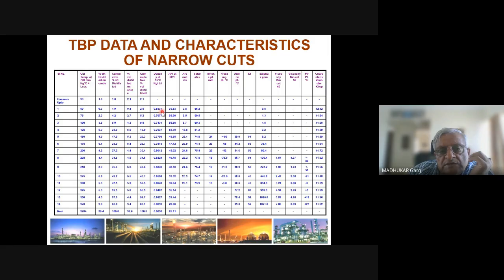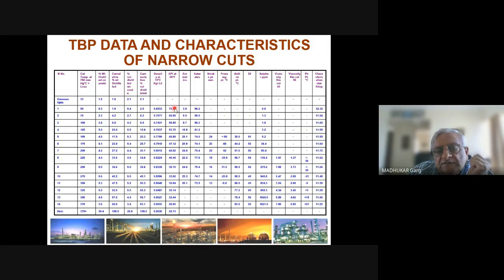And once we know the temperature and you know the density, you can calculate Watson K, UOPK, right? And so that is how we determine the paraffinicity as well. So the last column that you see is the UOPK, which is calculated, and this calculation is based on this density and this temperature, converted to the appropriate units.